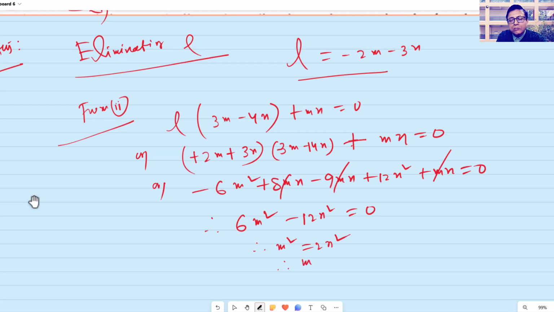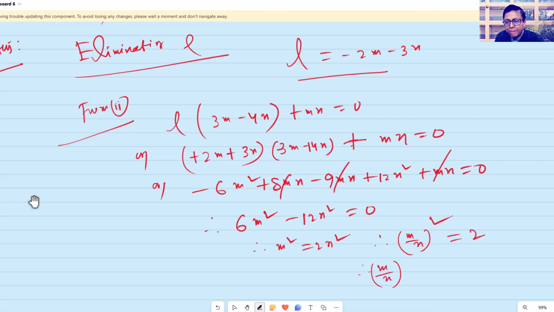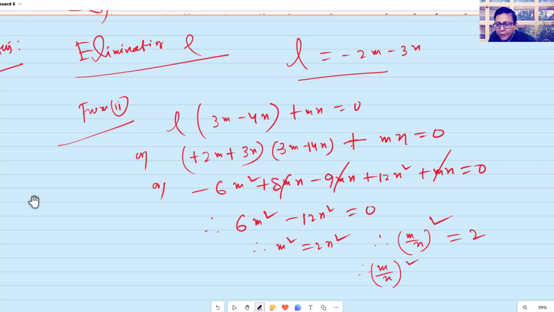Therefore, now we apply the second method here, that is m by n whole square equal to 2. So m by n whole square plus 0 into m by n is a quadratic of m by n.